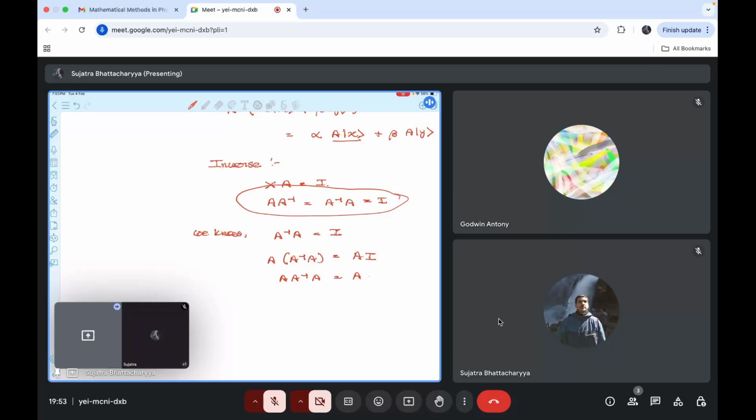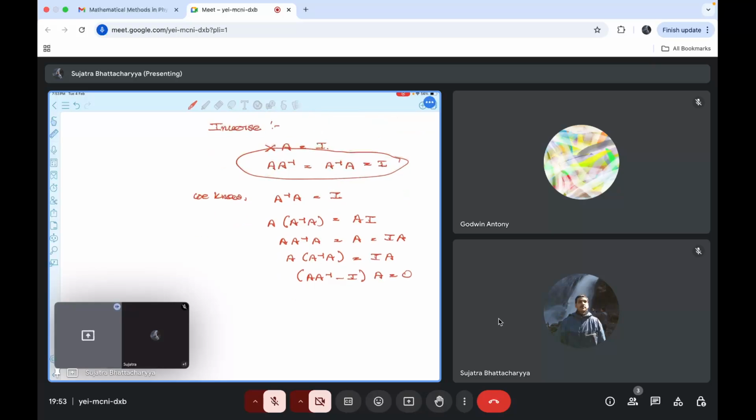So this A times I can be written as I times A as well. Correct. So this A into A inverse A can be written as I times A. Now what I will do is, A A inverse minus I times A can be equal to 0.